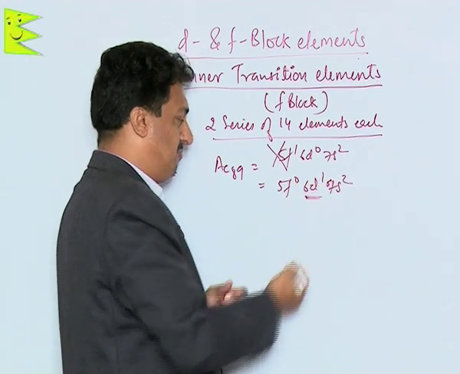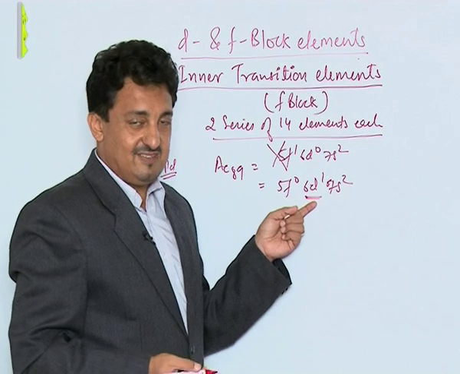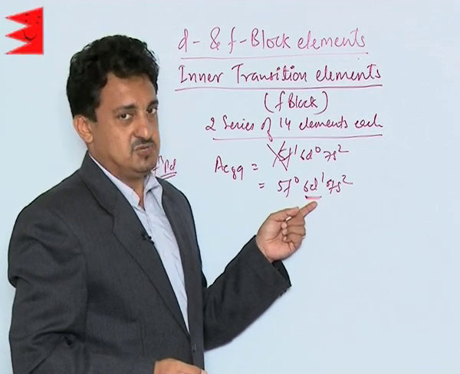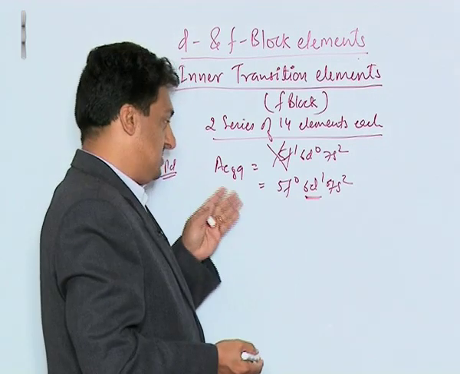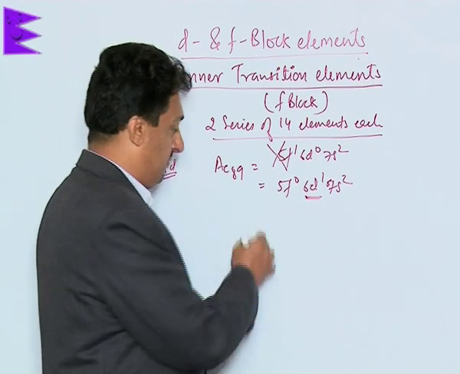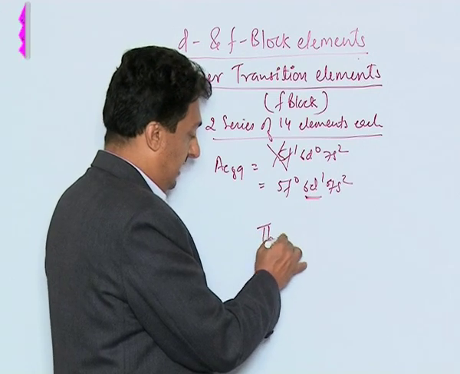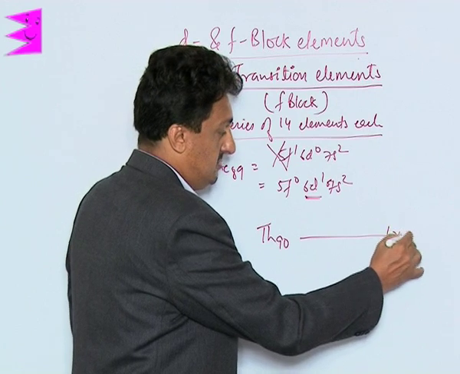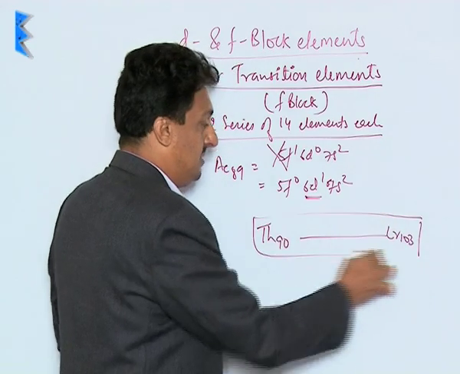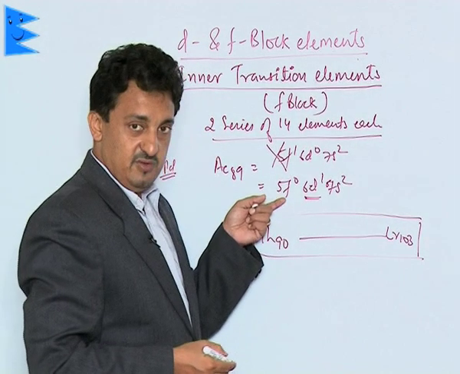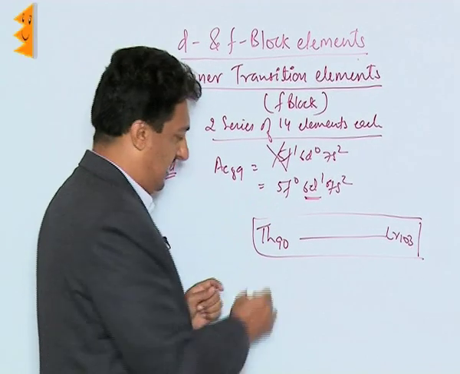So we are forced to place this element in the D block because its last electron enters the D subshell. But in the very next 14 elements, from thorium 90 to lawrencium 103, the electrons enter the 5f. Thorium is an exception in this case.